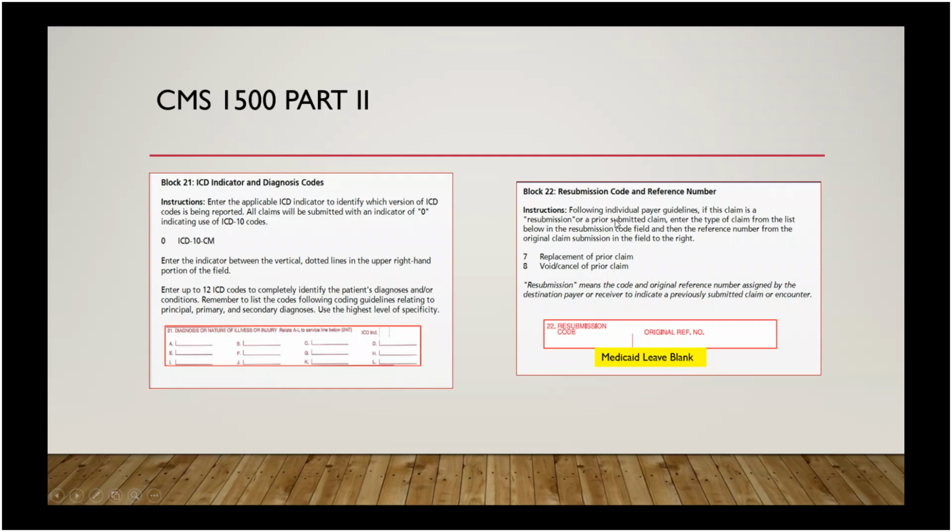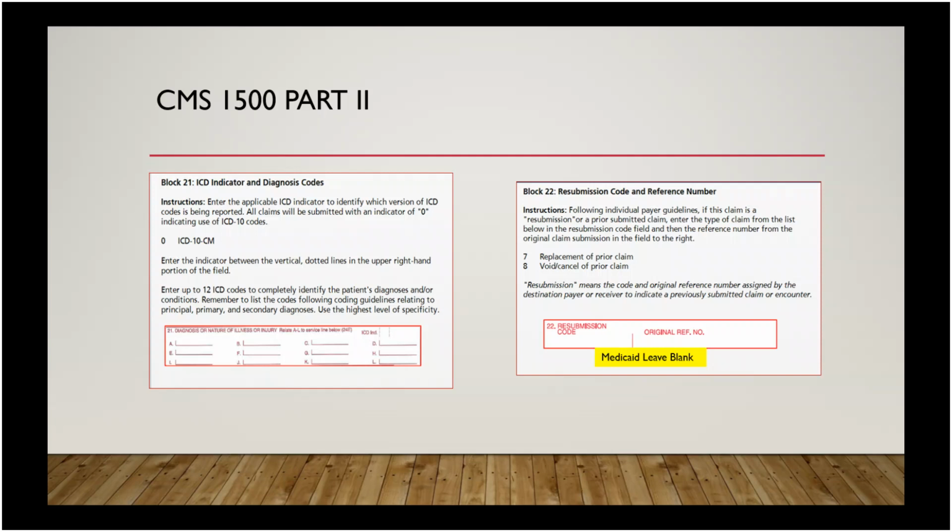Your resubmission code and reference number. Following individual payer guidelines, if the claim is resubmitted or a prior submitted claim, enter the claim type from the list below in the resubmission code field, and then the reference number from the original claim submitted. So we need to know that.